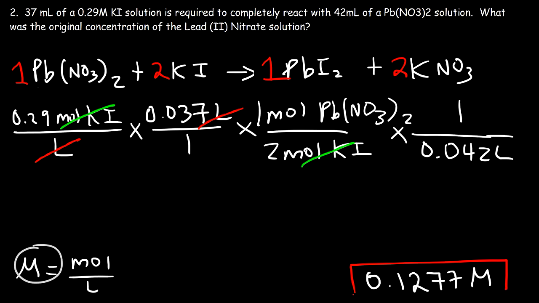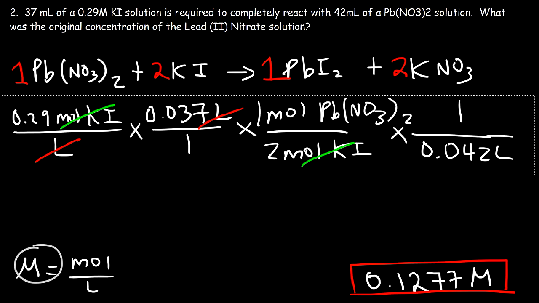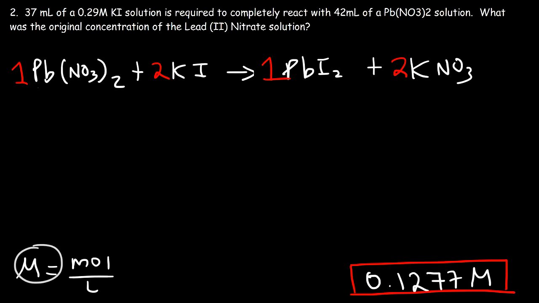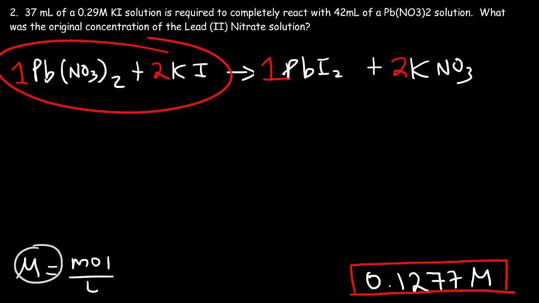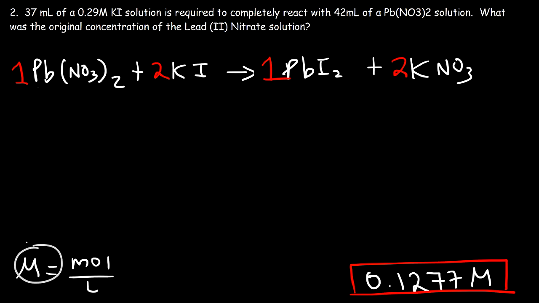So let's see if we can get the same answer using the formula M1V1, which is equal to M2V2. Now we can get the same answer, but we just have to be careful in the way in which we use it, because we need to incorporate the molar ratio in this reaction. M1V1 is going to correspond to this substance, lead 2 nitrate.